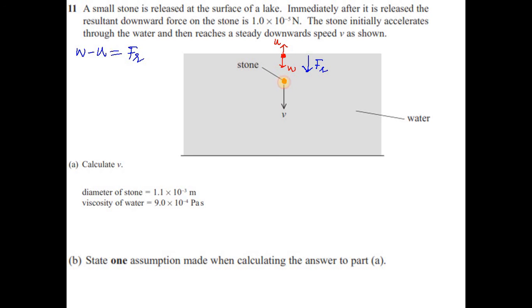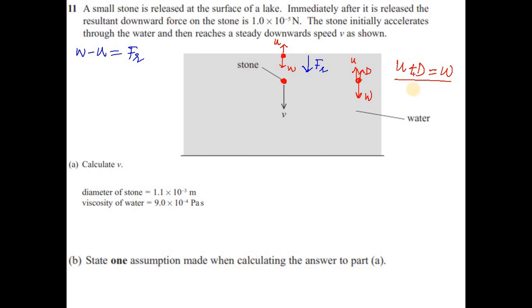Suppose here the stone is reaching terminal velocity. As the stone is accelerating down, other than W and upthrust, an additional force starts acting, which is drag force D, and this drag force keeps increasing until U plus D becomes equal to W. This is the condition when the stone reaches terminal velocity or the steady speed.